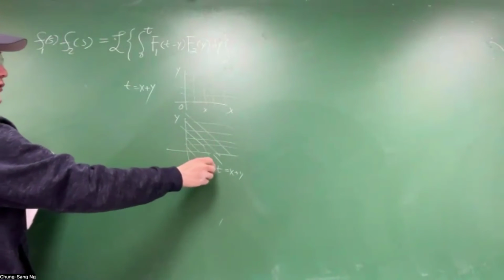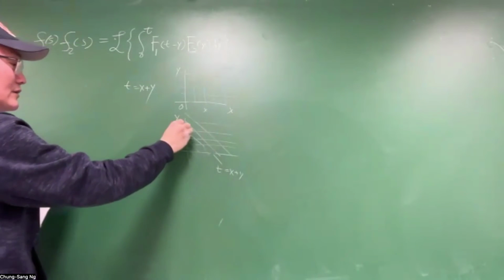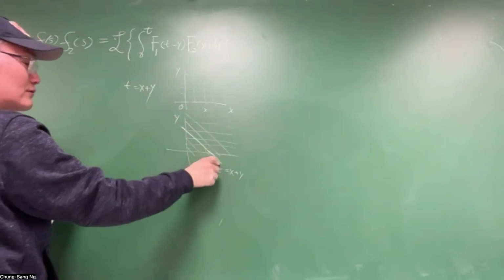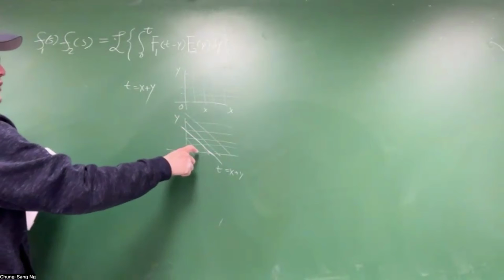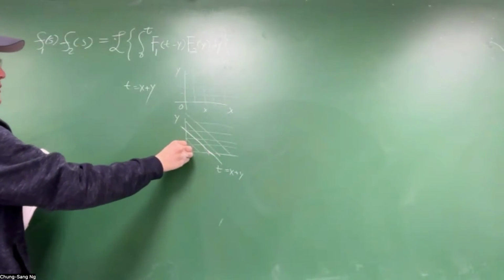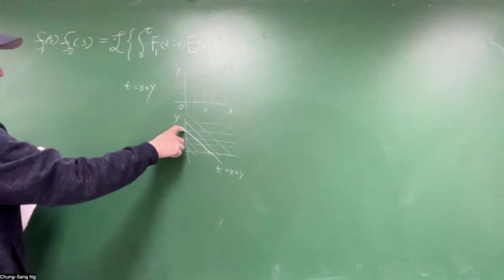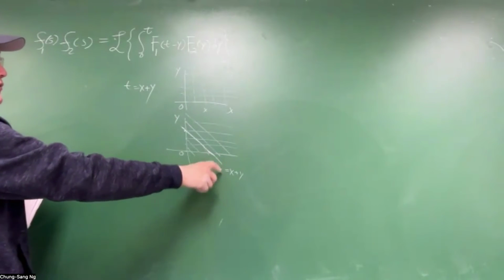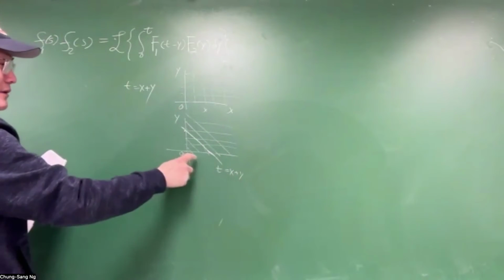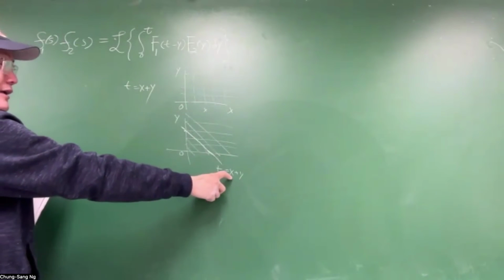And now for any given constant t, this value is t. Then you don't integrate y from 0 to infinity. You integrate only from 0 up to this point, and this point is the intersection of this line with the y-axis, where x is 0.